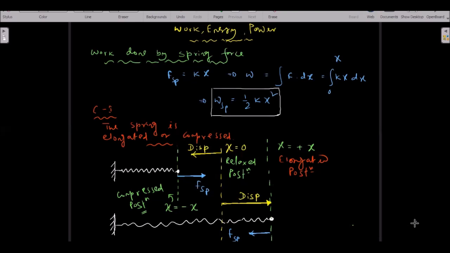So whether you see the compression or the elongation, from x equal to 0 to x equal to plus or minus x, the F spring vector is anti-parallel to the x vector.